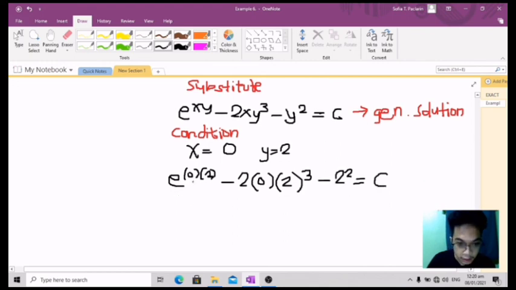So e raised to 0 is 1, minus 2 times 0 times 2 raised to 3 is 0, minus 2 raised to 2 is 4. So 1 minus 4 is negative 3.